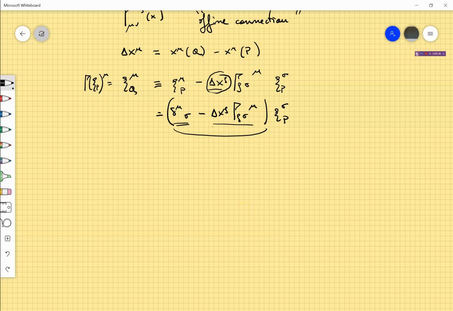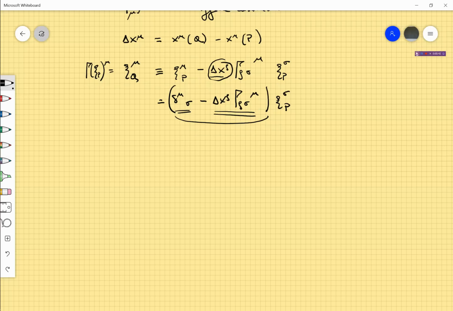This is the infinitesimal transformation. It makes explicit the fact that, of course, this transformation depends on the distance. It is 0, so it is the unit matrix, when the point P is the same point as the point Q. And let me frame this because this is a very important definition of what is meant by parallel transport.